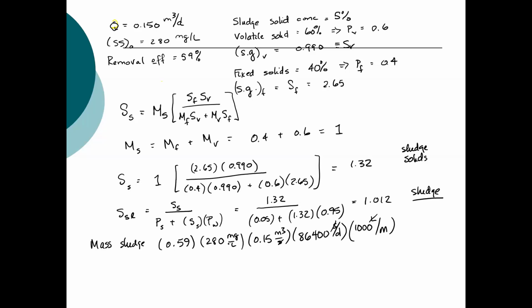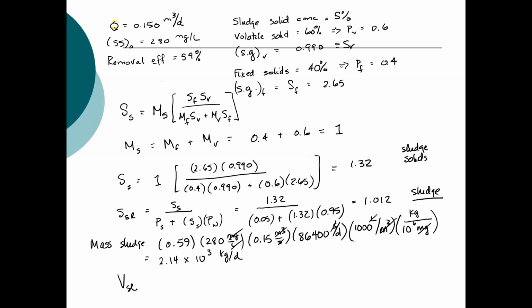So liters cancel, meters cubed cancel, times 10 to the 6 inverse milligrams per kilogram, milligrams cancel, and that is equal to 2.14 times 10 to the 3 kilograms per day. Now that's the dry solids.